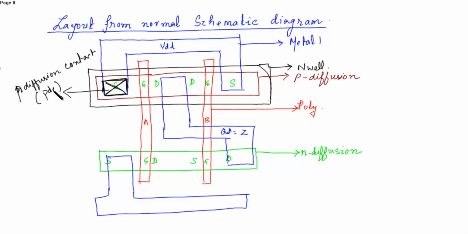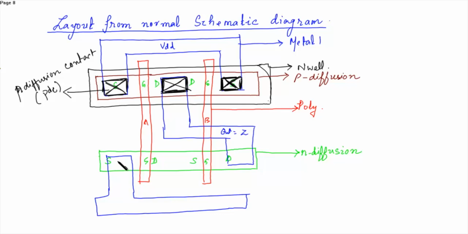This is needed in order to connect the metal layer to the diffusion layer. Similarly, we need one more contact over here. Now this is the P diffusion contact. Similarly, we need one more contact over here. This is another PDC contact.